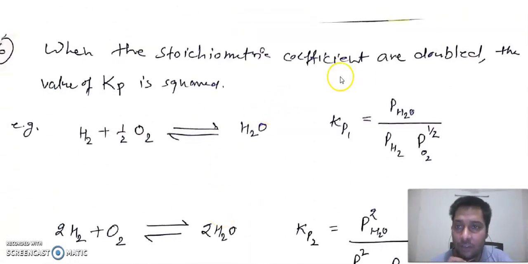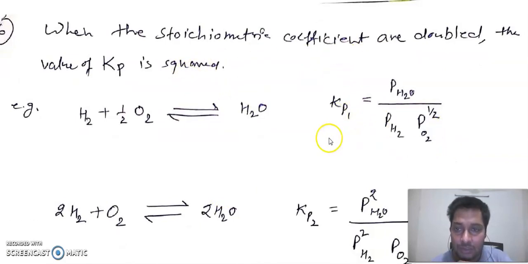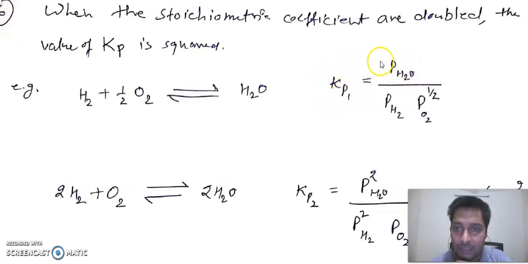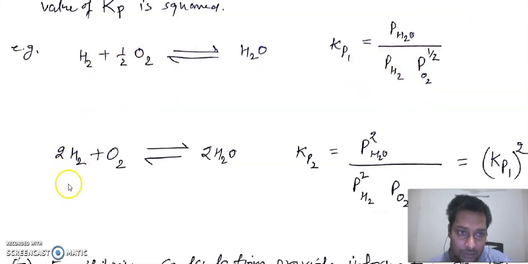When stoichiometric coefficients are doubled, the value of Kp is squared, because the expression for Kp is the pressure of product divided by pressure of reactant. So if you multiply the full expression by 2, 2H2 plus O2 will give 2H2O.